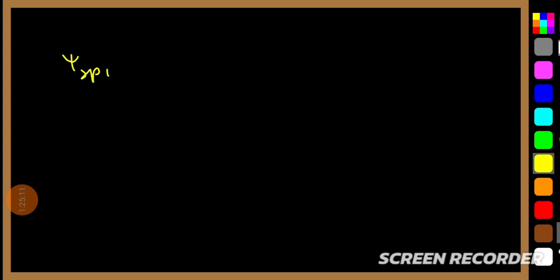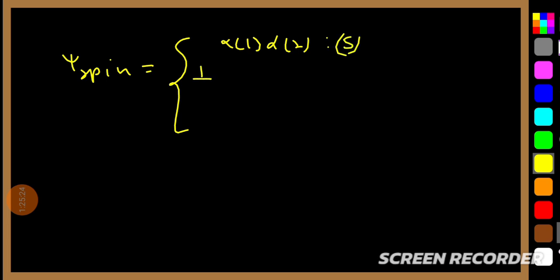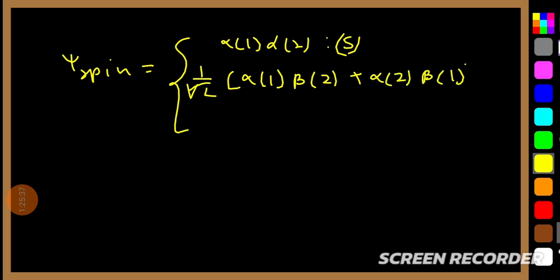psi spin equal to alpha 1 alpha 2, that must be symmetric, that must be 1 by root 2 within the third bracket alpha 1 beta 2 plus alpha 2 beta 1 bracket close, that should be symmetric.